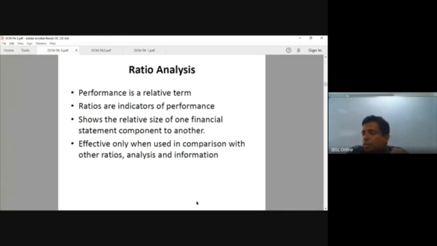It is strongly recommended to use the results of ratio analysis together with other information and other analysis, and finally conclude a point. Therefore, ratio analysis is very effective when you use the results with other information and other techniques.